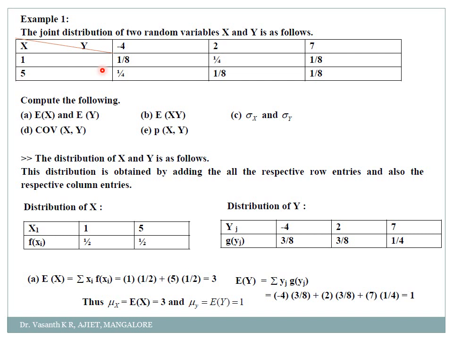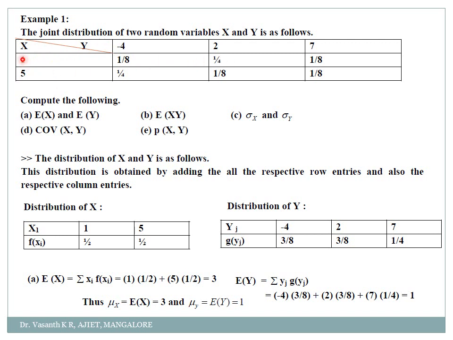So what values have they given to you? X will take the values 1 and 5, and y will take the values -4, 2 and 7. So joint probability of x and y means, what is this position? J of 1 1, correct? So joint probability of x1 y1, that is probability of 1 comma -4, is 1 by 8.